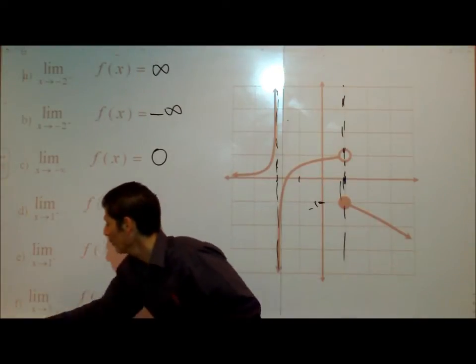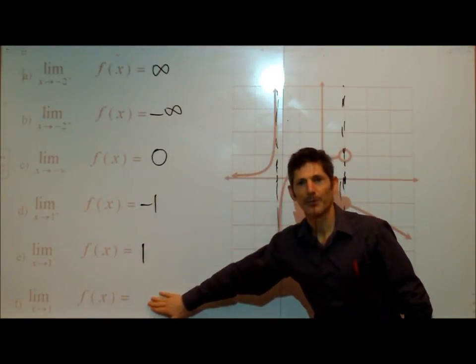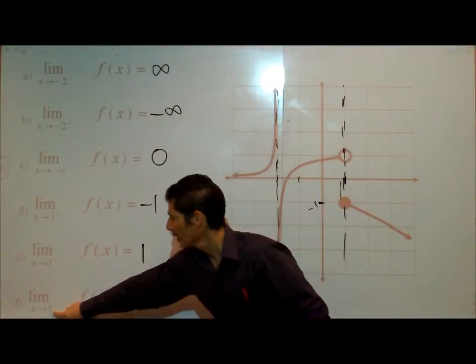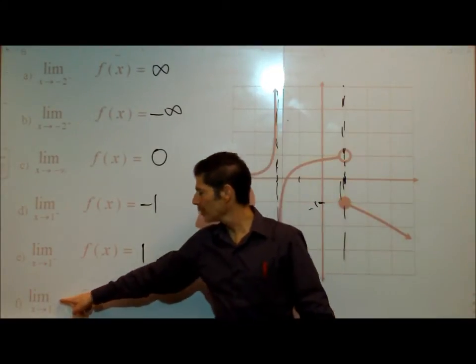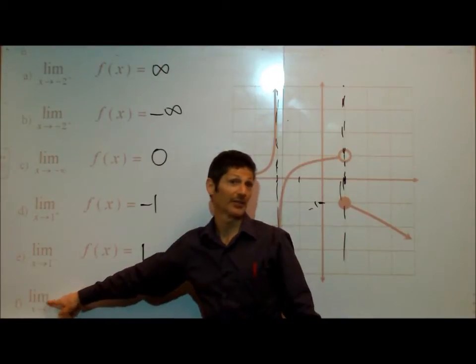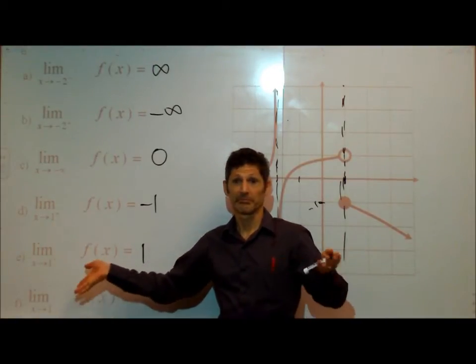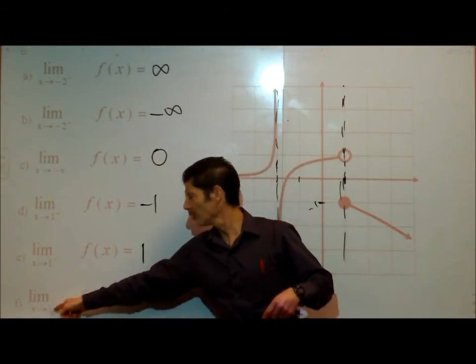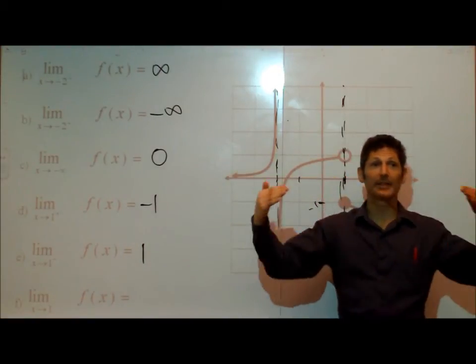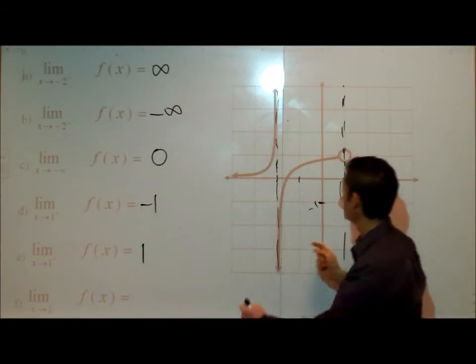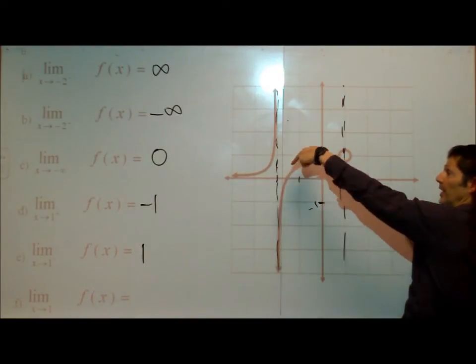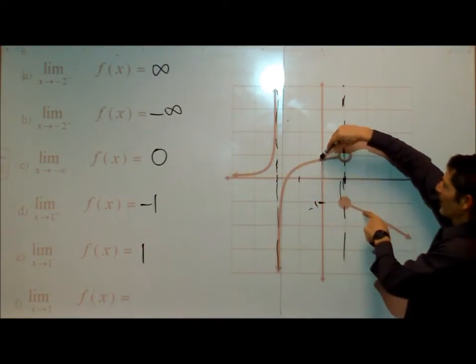So this last one, hopefully it's readable. I don't know if you can read it on the camera. It says, I'm trying to get to 1. Now, there's no little plus or minus. We haven't done this before. If you don't see a little plus or minus, what would you guess that means? It actually means you're trying to get to 1 from both sides simultaneously. So here I am, trying to get to the x value of 1, coming from both sides at the same time. Well, what's happening?